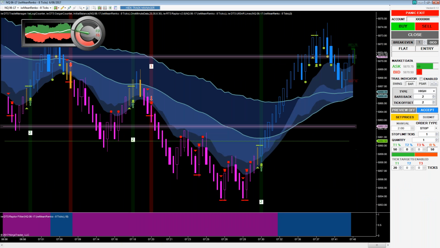We've got the pullback. The clouds are crossing. The hard edge is not crossing over just yet.